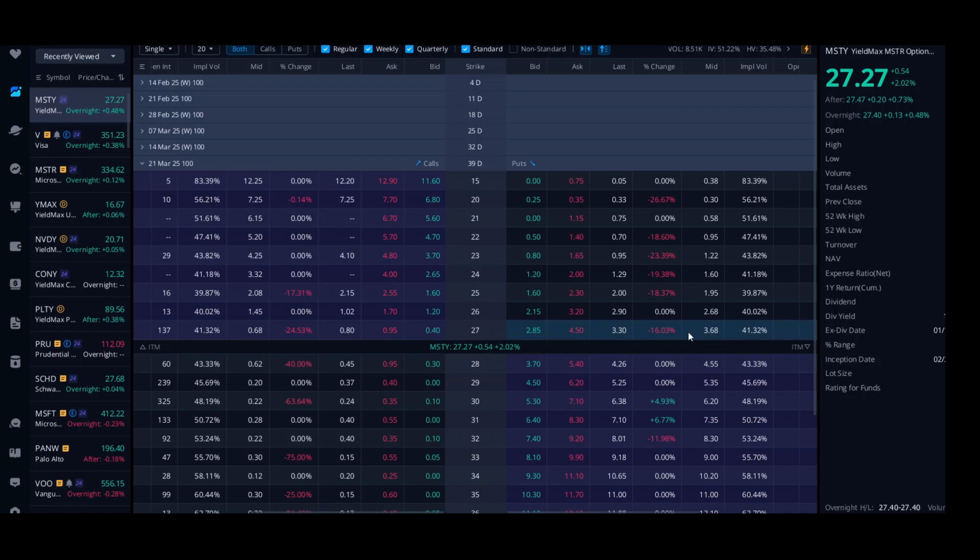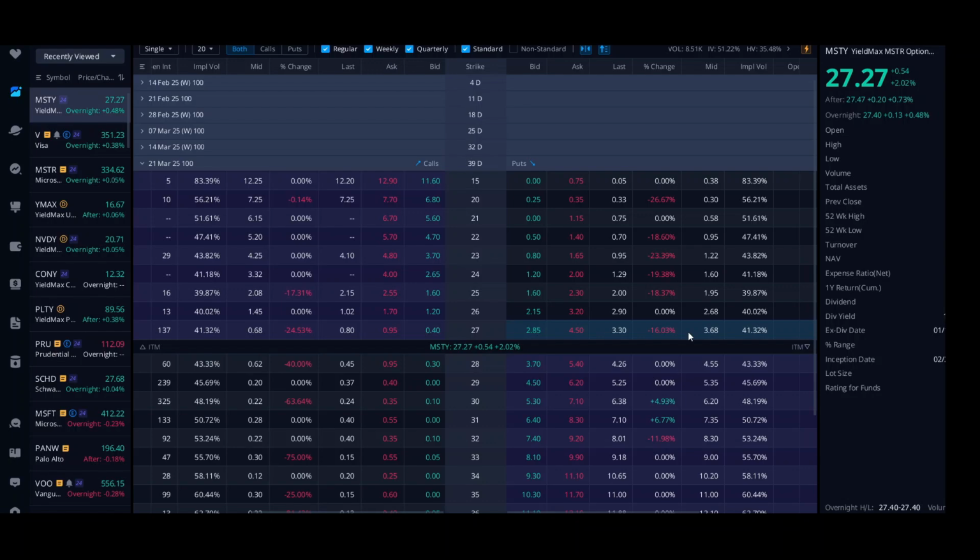Now that is close, of course, and I probably would not sell that one because that would be above my cost average. I would want to sell a put option below my average, just so that if I do get put those shares, it brings my average down instead of moving my average up.